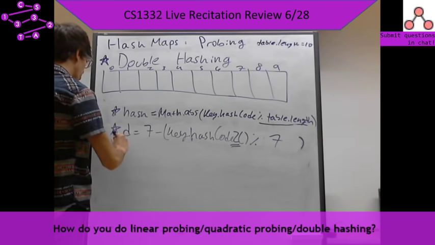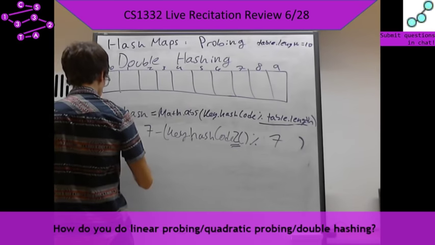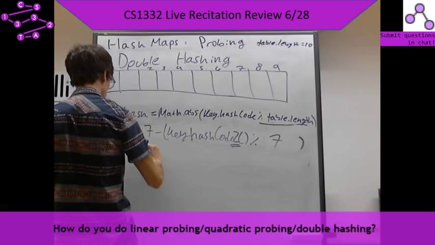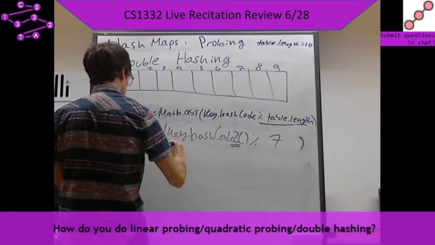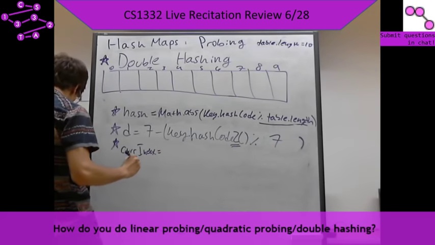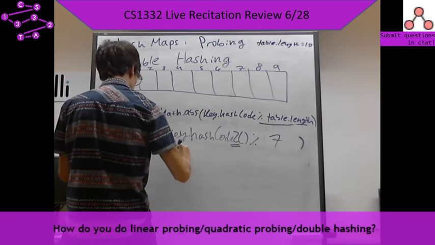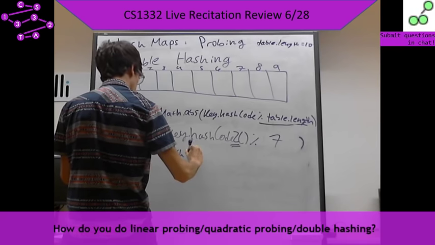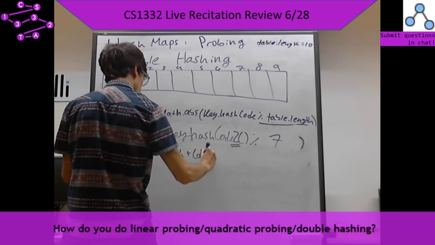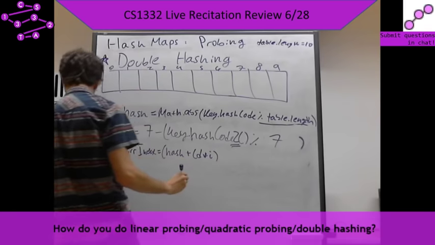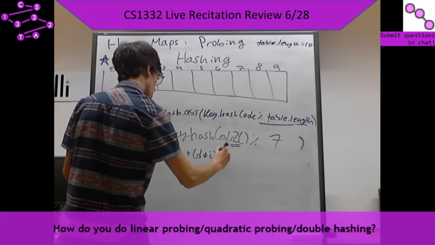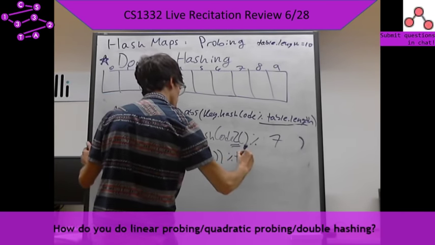So when we calculate our current index, it's going to be a little something like this. It is our initial hash plus d times I, mod table.length.